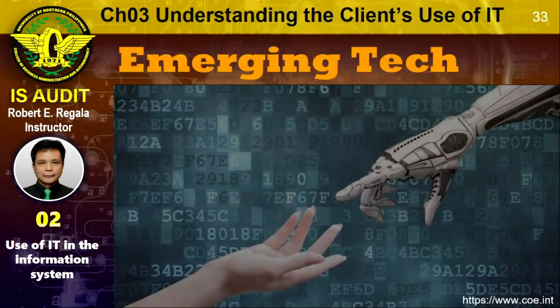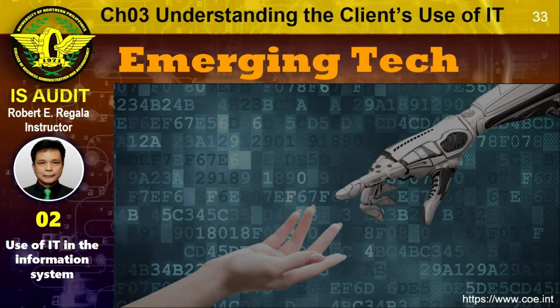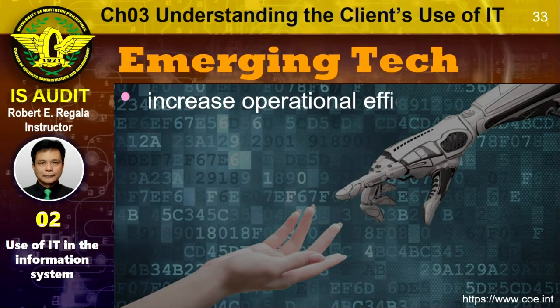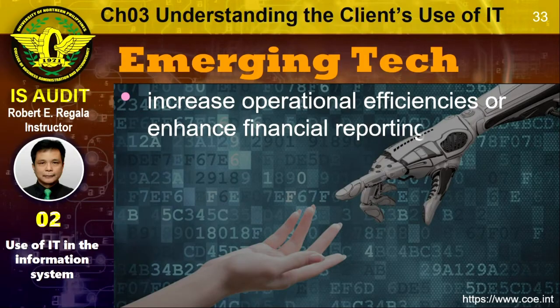Emerging technologies. As we have discussed in Chapter 2, entities may use emerging technologies, for example, blockchain, robotics, or artificial intelligence, because such technologies may present specific opportunities to increase operational efficiencies or enhance financial reporting.